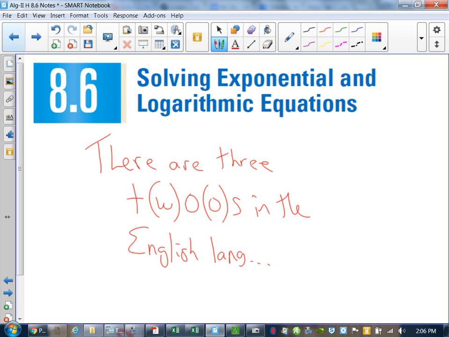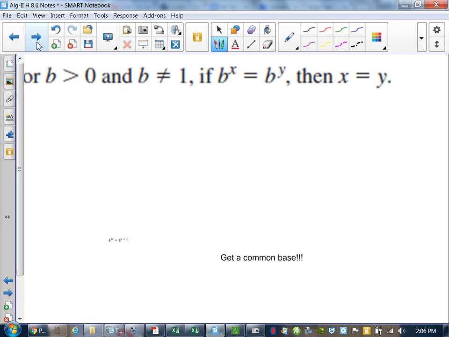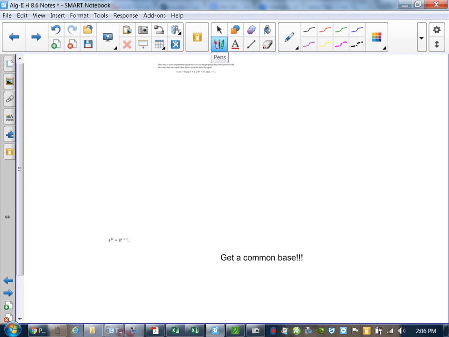That is wonderful. Alright, so a couple properties. Solving exponential equations.